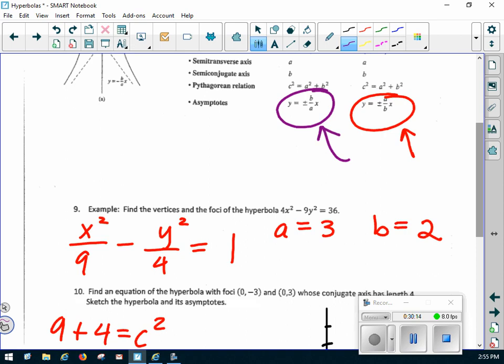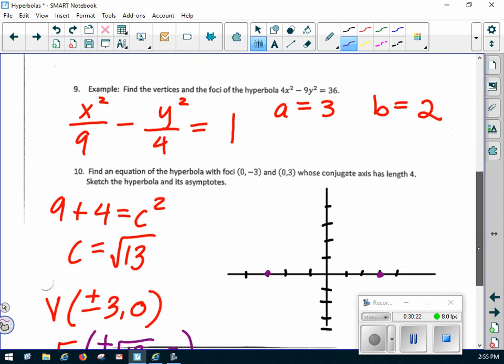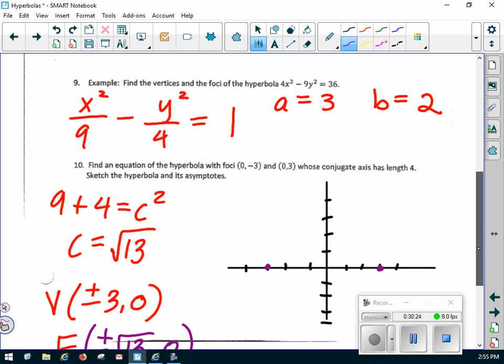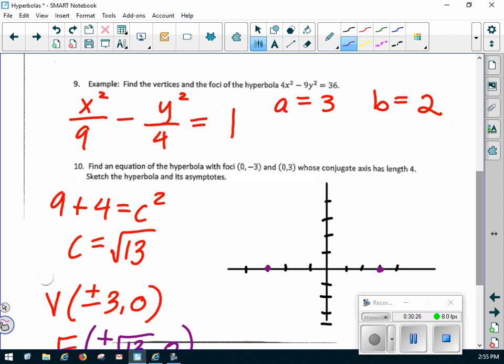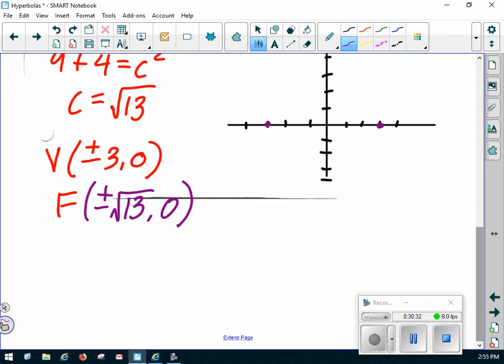What are the asymptotes of this hyperbola? Plus or minus b over a times x. Well, what's b over a? 2 over 3 or 3 over 2? 2/3. Your asymptotes are y equals plus and minus 2/3 x.